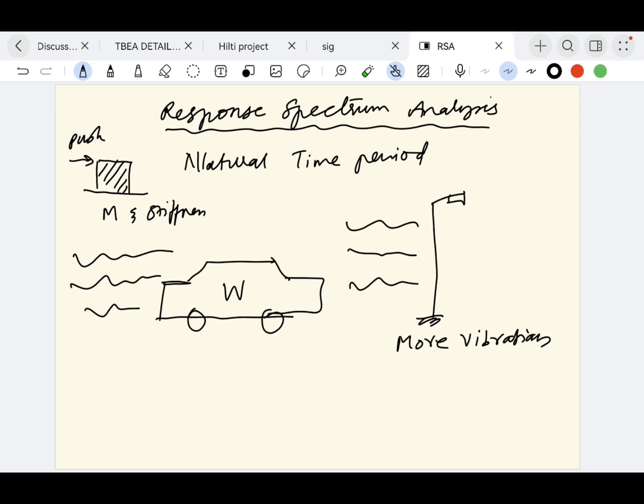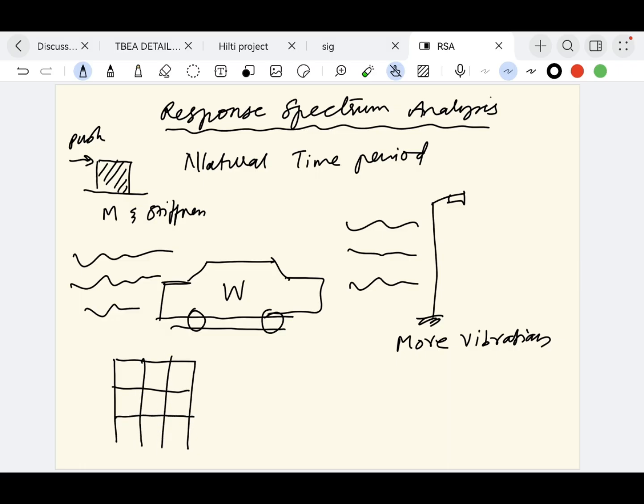Similarly, when stiffness increases, time period decreases. Another example: let us consider a framed building.